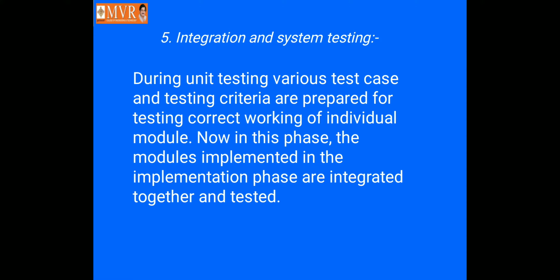In the previous phase, coding and implementation, the individual modules or subprograms are designed, developed and tested. Here the subprograms or modules are integrated, that is, added into a single program, then implemented toward the result oriented goal.